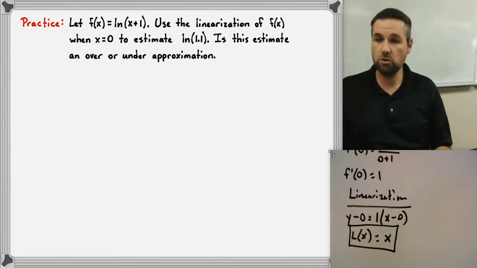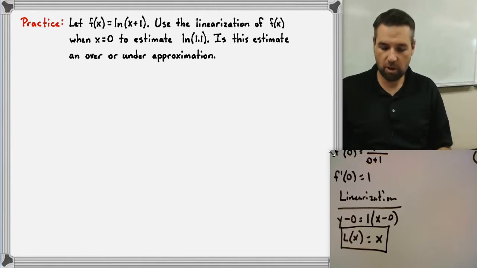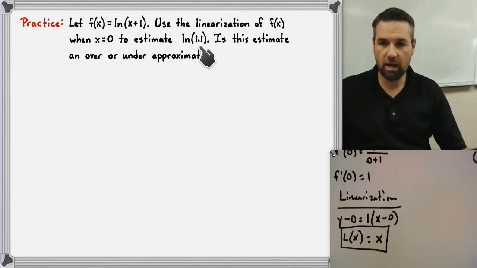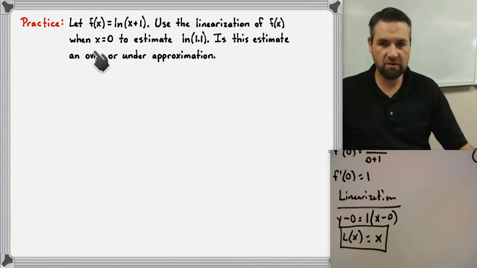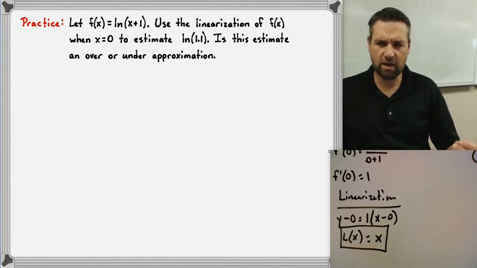And now we want to use that to estimate natural log of 1.1. Now, normally, we would want to plug in 1.1 back into our linearization, but you have to pay attention to the function that's given. The function is the natural log of something plus 1. So you have to think, how do I get natural log of 1.1 out of this function?